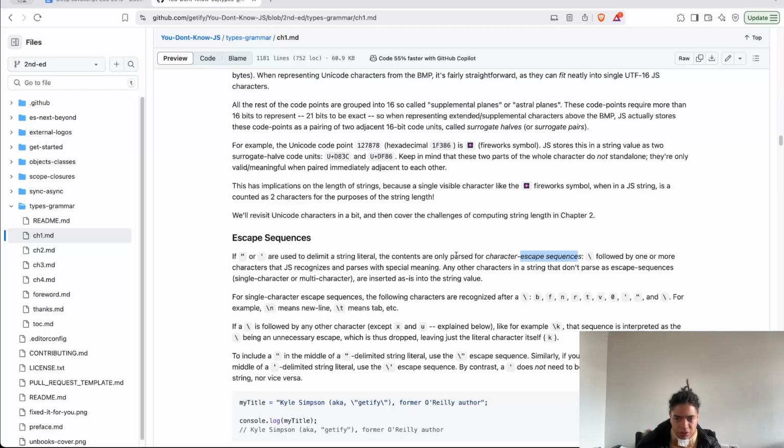For single character escape, the following characters are recognized after this: B, F, N, R, T, V, 0.